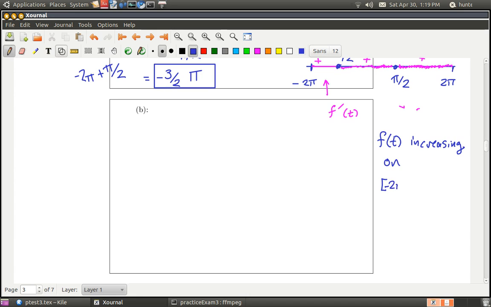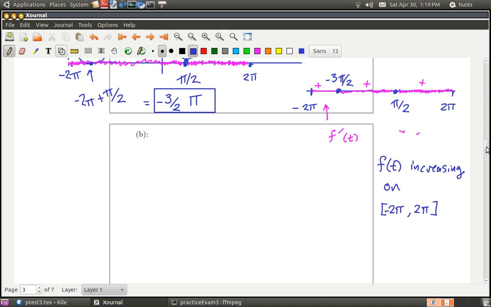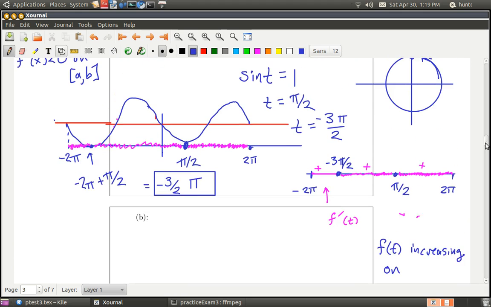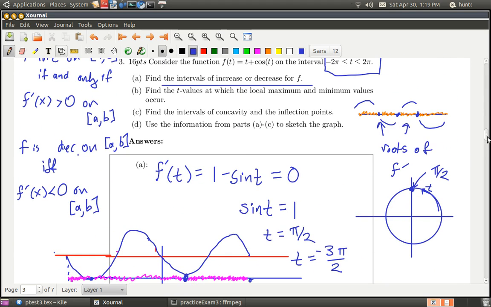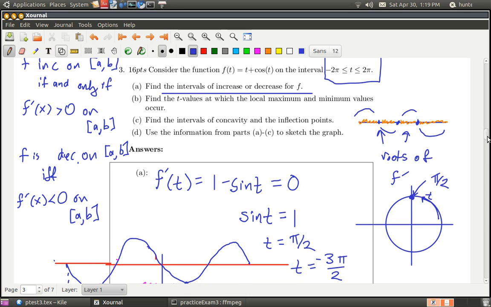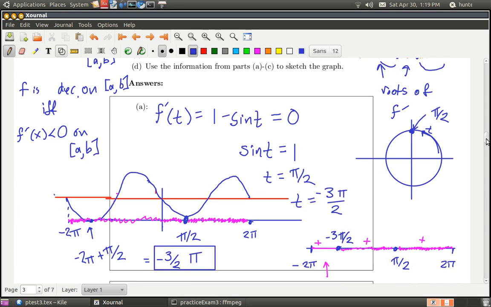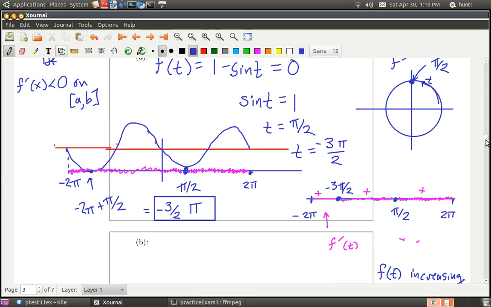So it's increasing on negative 2 pi to 2 pi. And so it's not decreasing anywhere. And let's go on to part B here. It says, find the values at which the local maximum and minimum values occur.